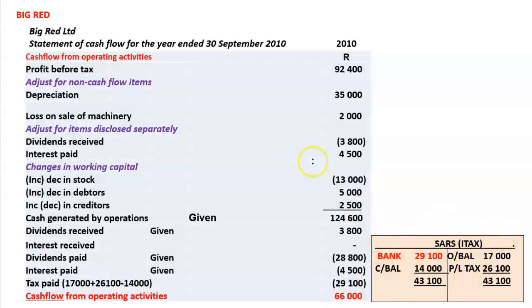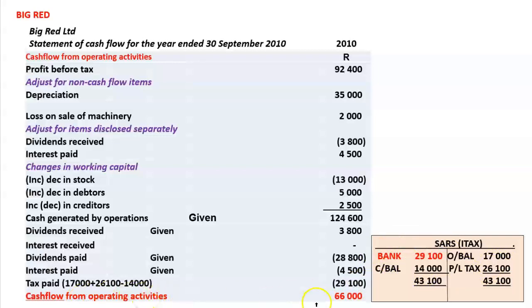So you have to draw the T account. Opening balance 17,000, closing balance 14,000. Here's our income tax expense in the income statement, 26,100. And now our balancing figure on the debit side is what we actually paid to the receiver of revenue, 29,100.